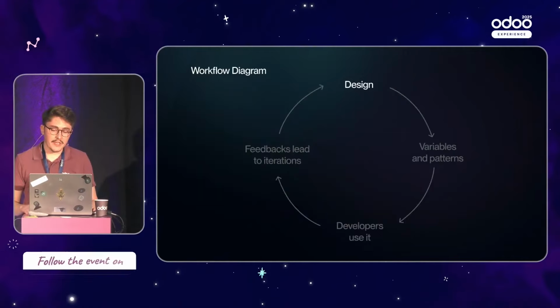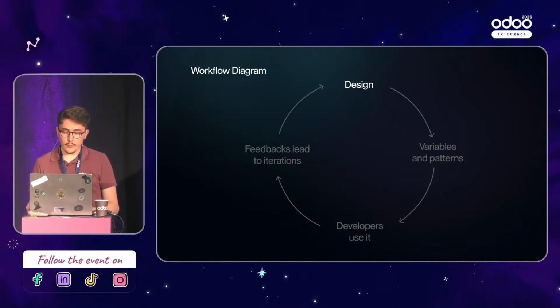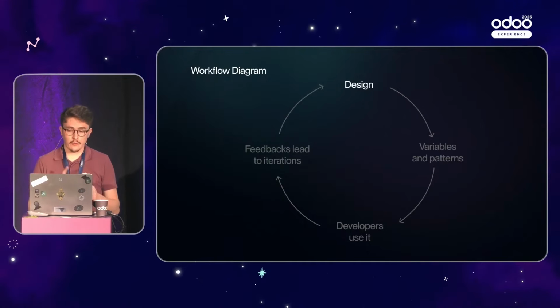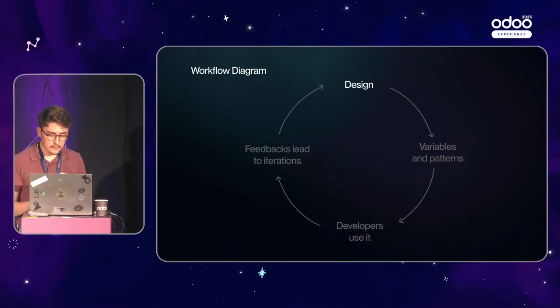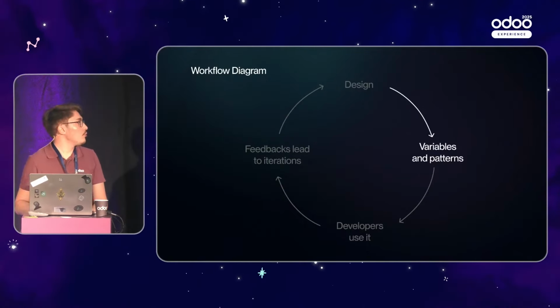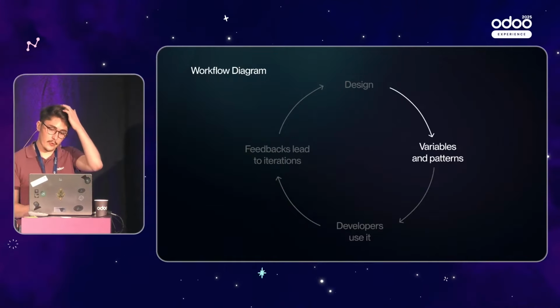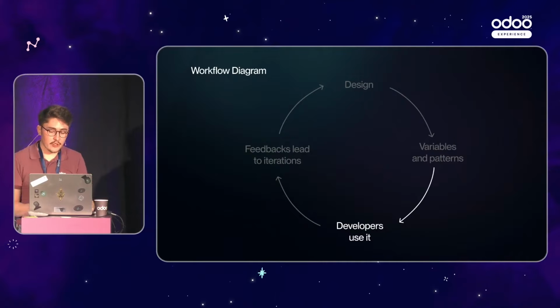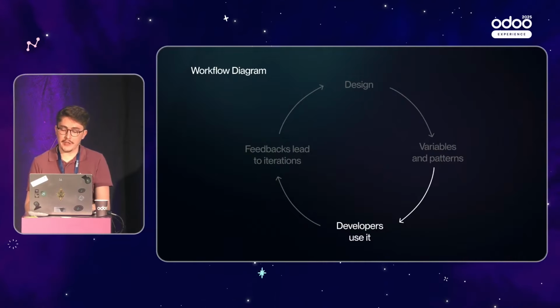So how does it work at Odoo exactly? Well, we have like 4 steps in the process. First, we design components. To do so, we use variables and patterns. We'll see that later. After that, the component is used by developers to create features.